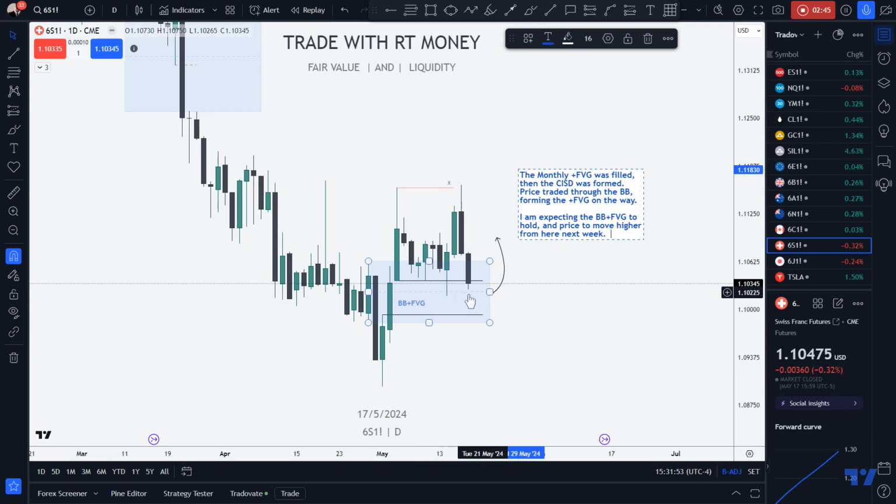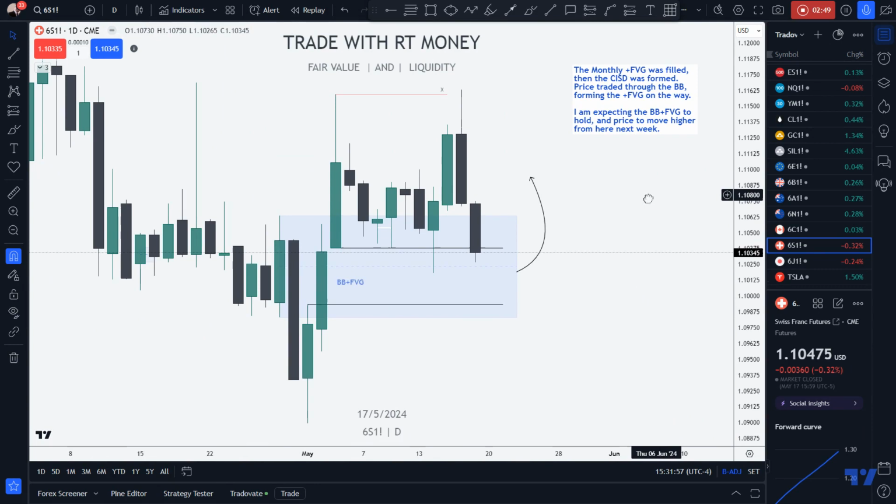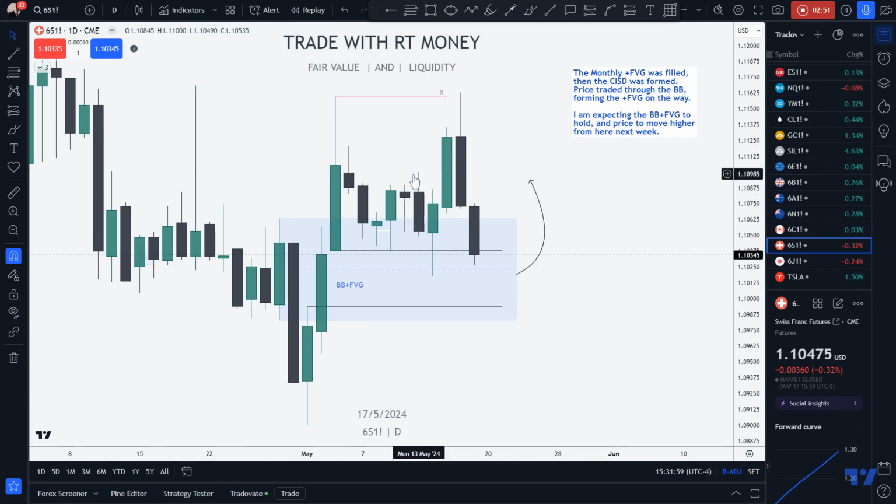You can see that light dotted line there, and I'm just expecting price to go from an internal level of liquidity, because we've already taken out this high, that structural high. We swept that high.